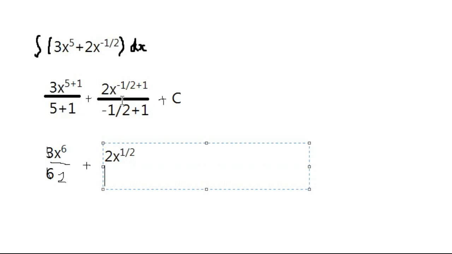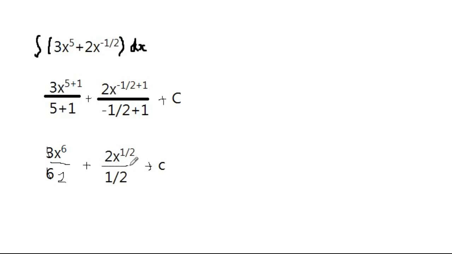The same thing applies to the bottom: negative a half plus 1 is positive a half, so it's 1 half. And the last term is still c, it doesn't change, although I turned it from a capital into a small letter c. That doesn't make a big deal.